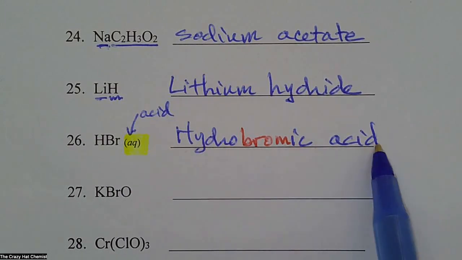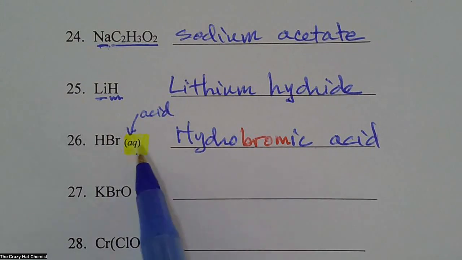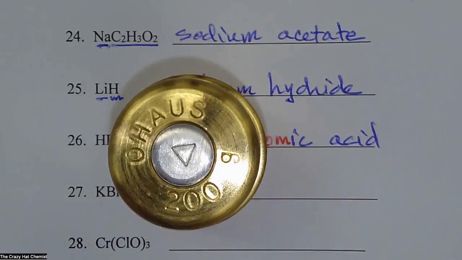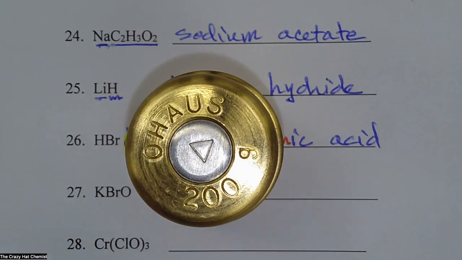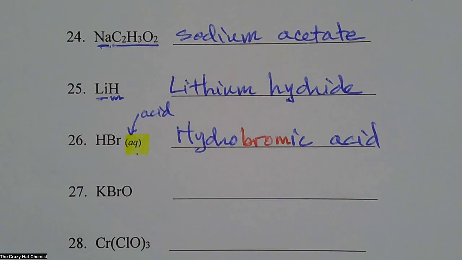That's a binary nonmetal acid. They need the AQ. If it weren't for the AQ, that would be hydrogen bromide, and not an acid. Coolio. All right. So that's hydrobromic acid.